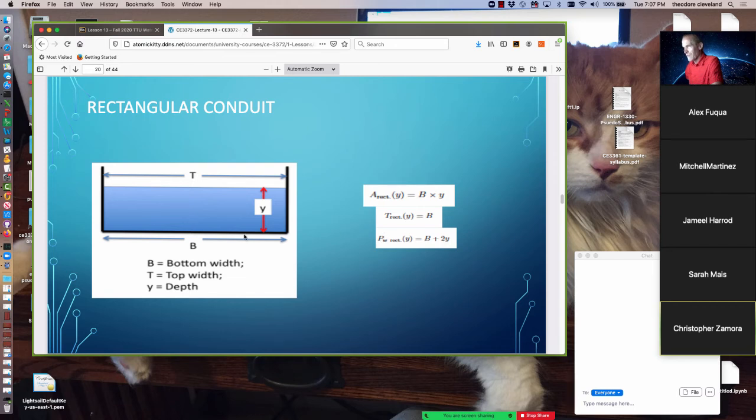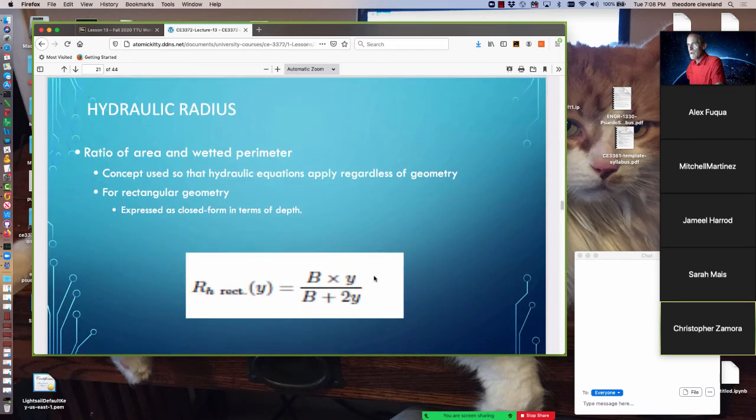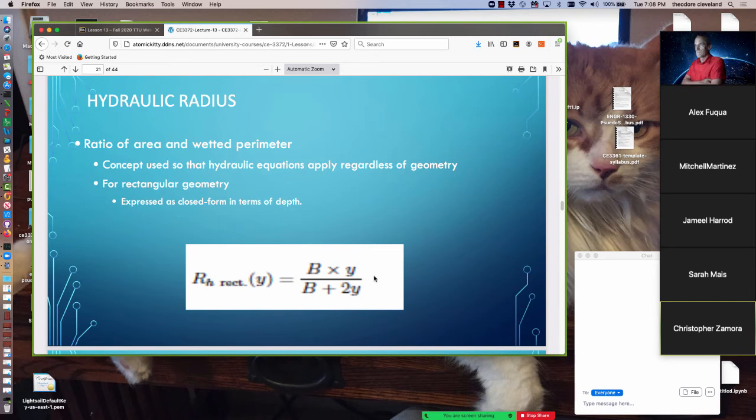And then the wetted perimeter is simply this bottom width plus 1y up the right side plus another y up the left side, which gives us a wetted perimeter of B plus 2y. The last term that's important is a derived hydraulic property called the hydraulic radius, and it's defined as the ratio of the cross-sectional area of flow to the wetted perimeter.